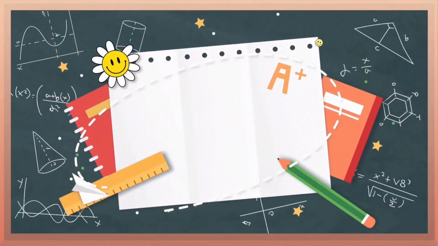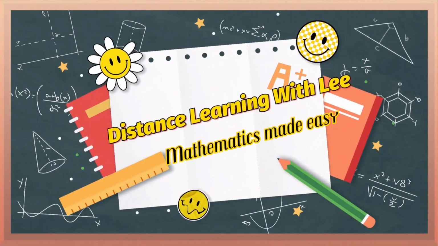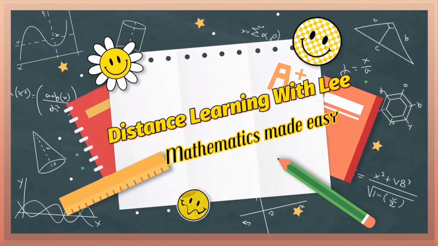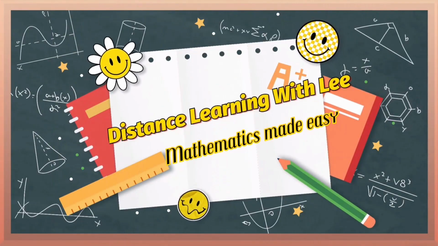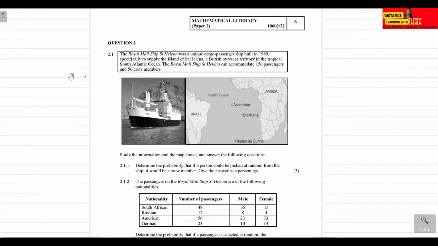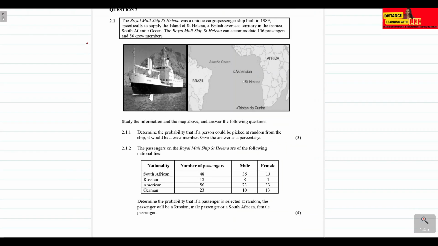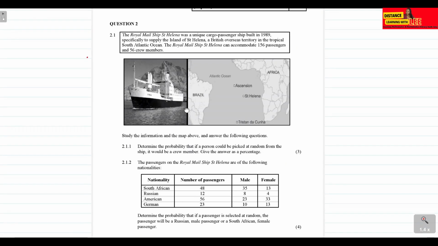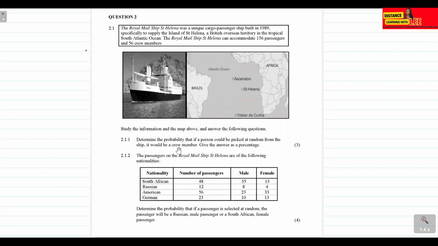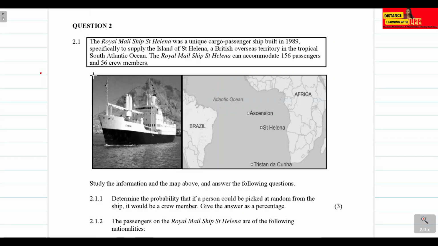So in today's video tutorial, guys, we are going to be looking at question 2.1. And like I mentioned, question 2.1 basically tests to see whether we understand everything that we have learned when it comes to probability. So let us have a look at the question and the information that is given to us here. Question 2.1.